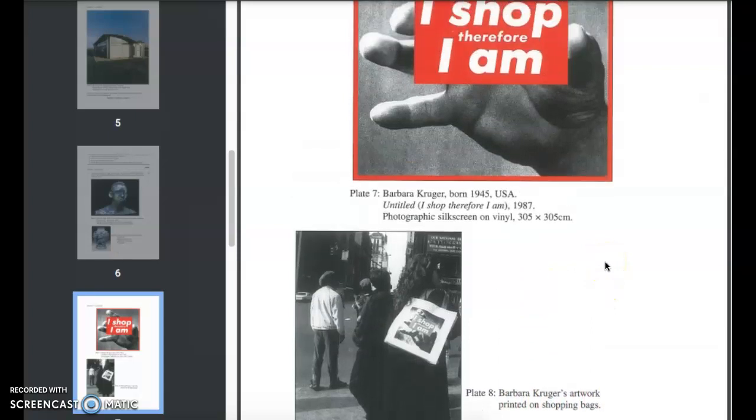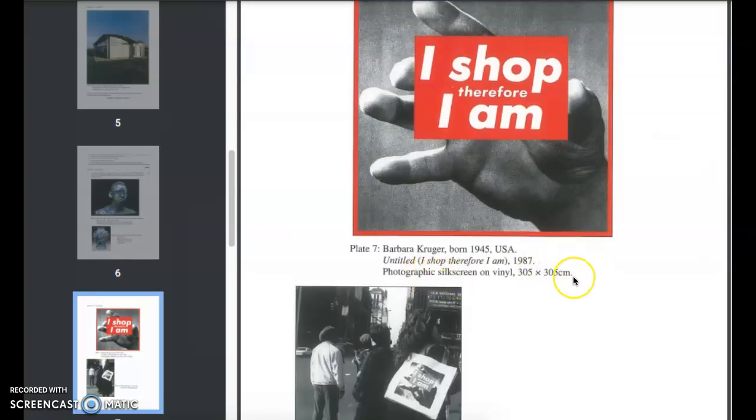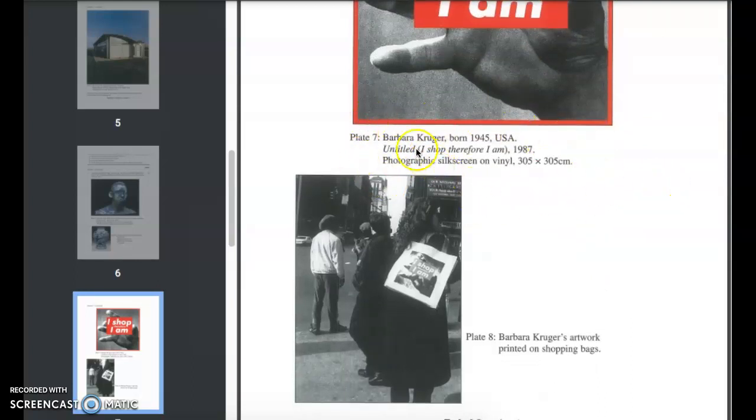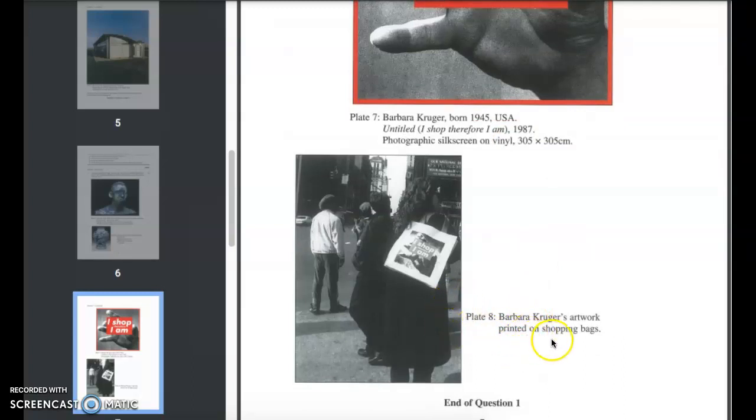So, going against tradition, just the fact that it is not oil on canvas says a lot about how it is going against tradition, the use of text here, but just from the information, the fact that it has no title, but then it does have a title, that's very unconventional. And that it used to be printed on shopping bags, and that it is not considered a priceless object like the high art, like all the Renaissance paintings that we saw at the Art Gallery of New South Wales. That goes against traditional conventions.